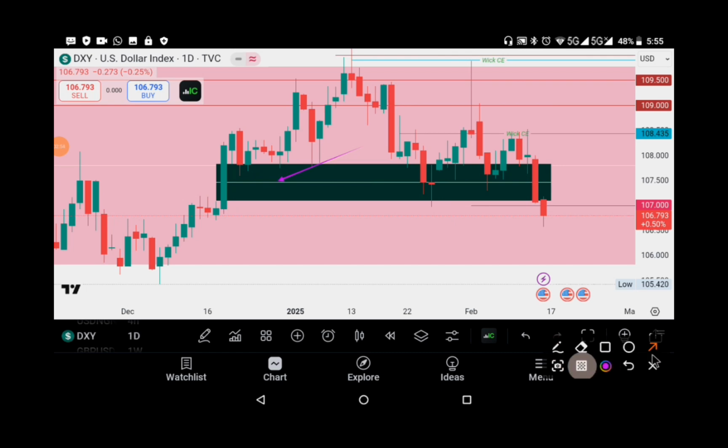Its former function was to hold the price from going down. Now, the moment the price has gone down, if the market wants to retrace, it should not go beyond or above the consequent encroachment. So I'll be watching a scenario like this.